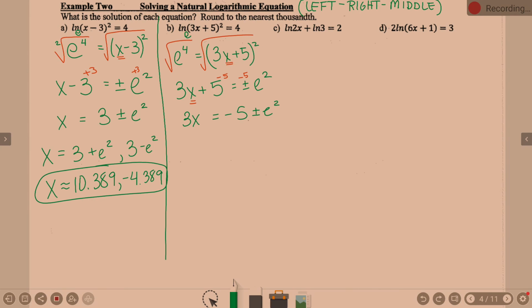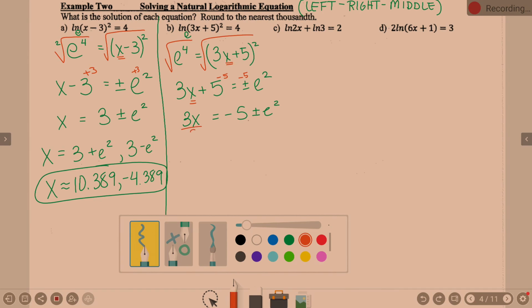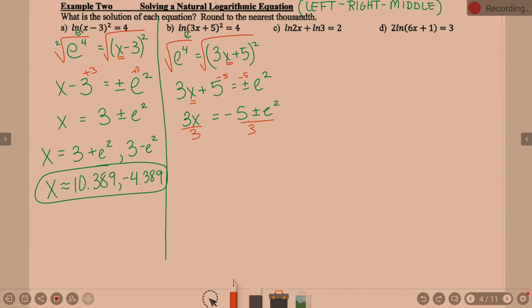If it's 3x, we're going to divide by 3. And so you're going to have to do this on your calculator 2 different times. Negative 5 plus or minus e squared divided by 3. You have to work to know how to use your calculator here.